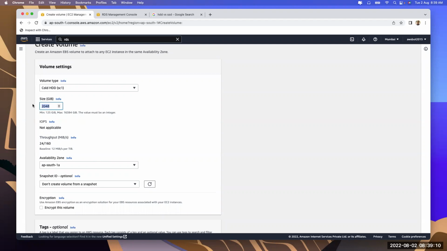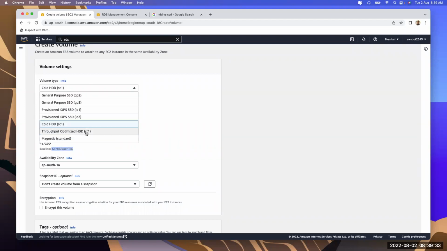By that same logic, if I go for 4 terabyte or 4096, it will become 12 multiplied by 4, which is 48 Mbps. And I can scale you up to 250 Mbps. That is cold HDD, which is a bit slow. The number is 12 Mbps for each terabyte of data.